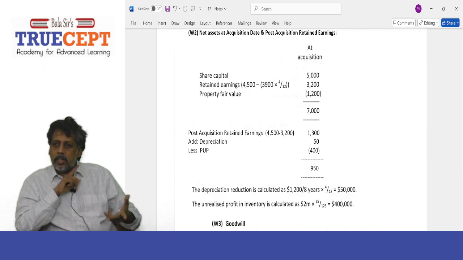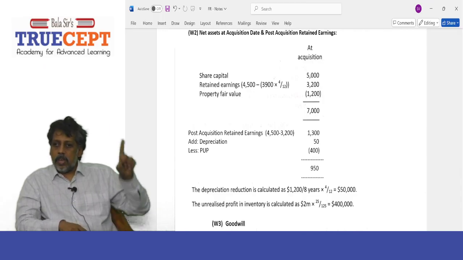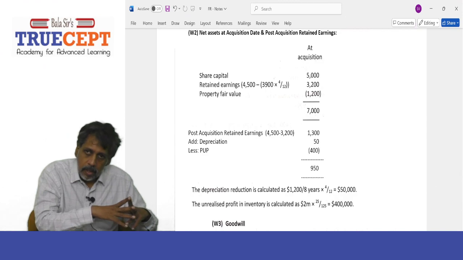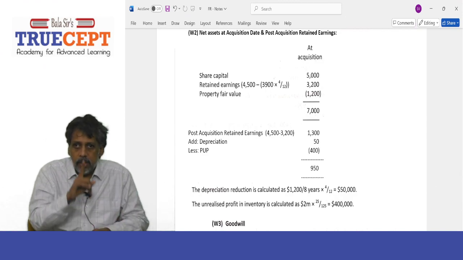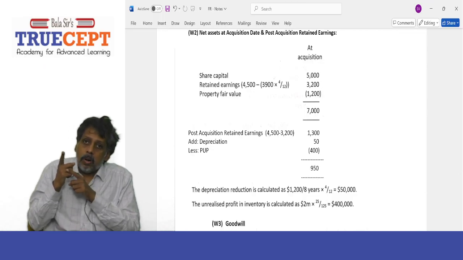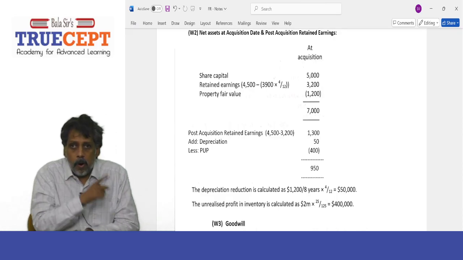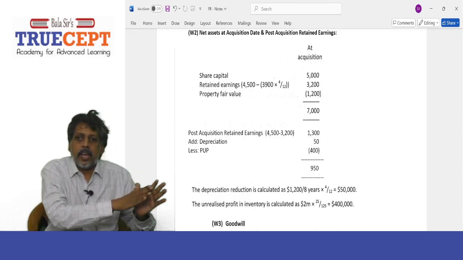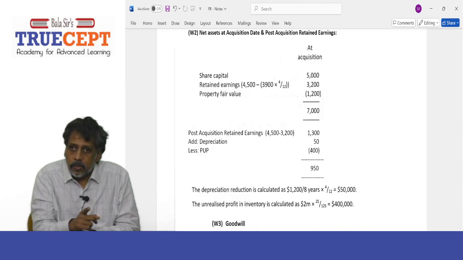And take the retained earnings as on that date. We know the year-end balance is 4,500. But what is the opening balance? 3,900 is the profit for the current year, and 600 is the opening balance.